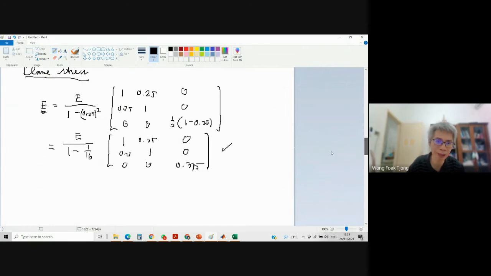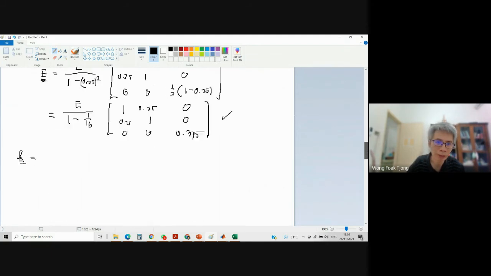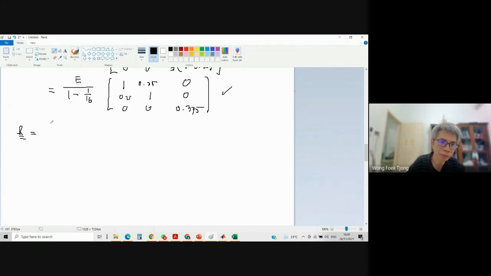Then the stiffness matrix is 1/2 thickness times E times 16/15 times B transpose.